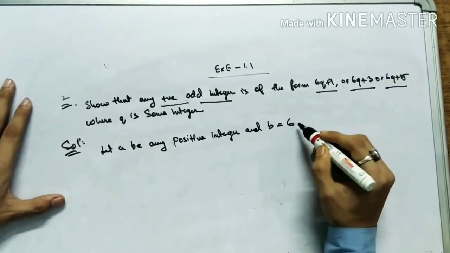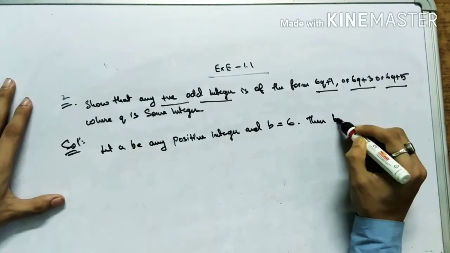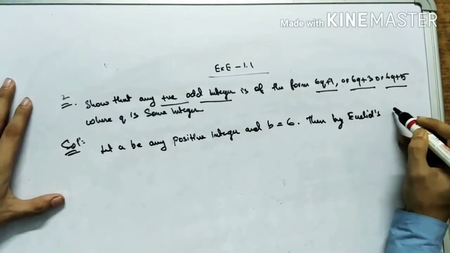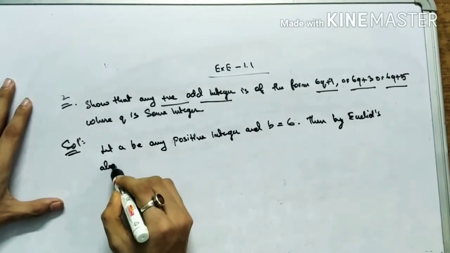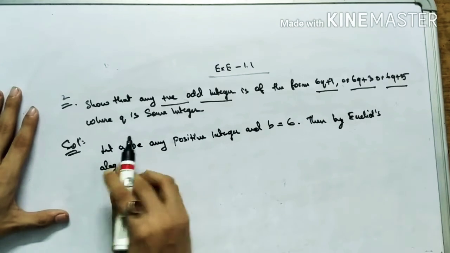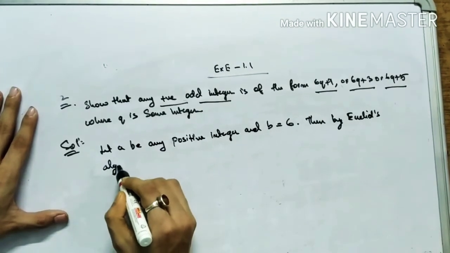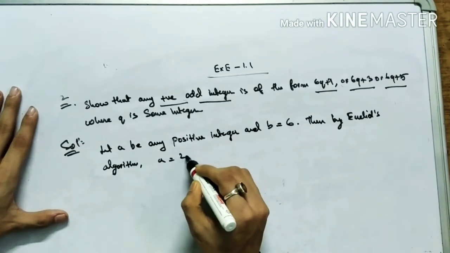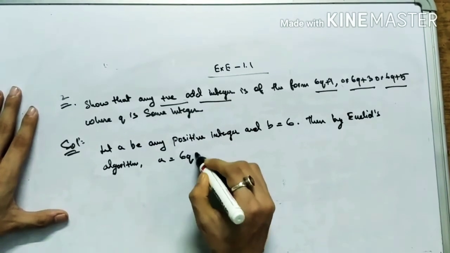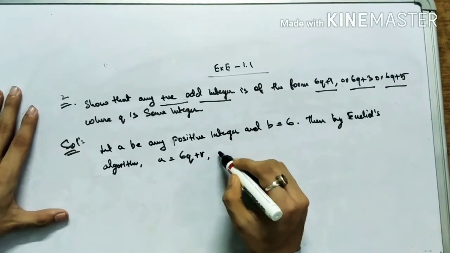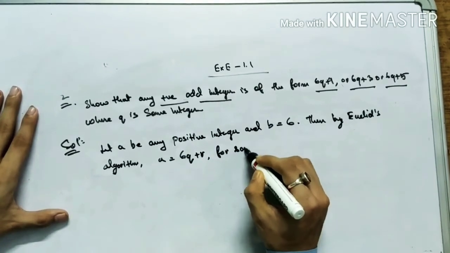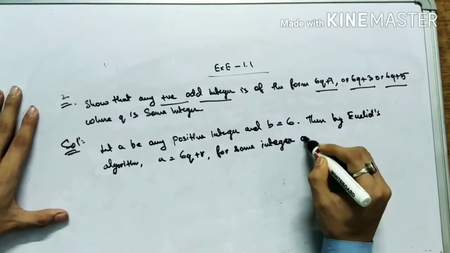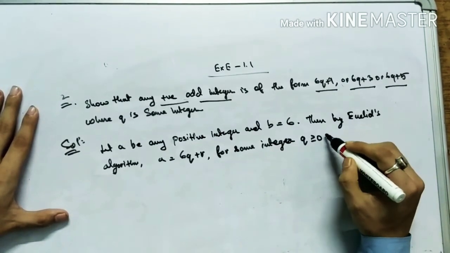Then by Euclid's algorithm, a is equal to 6q plus r, for some integer q greater than or equal to 0.